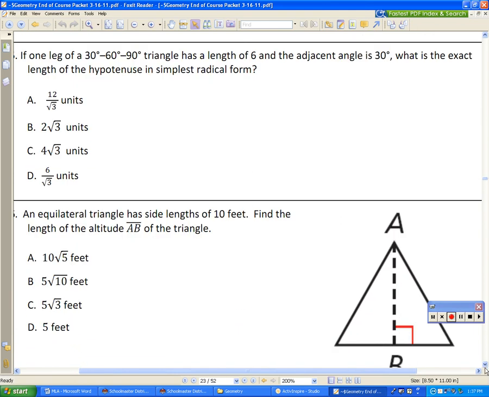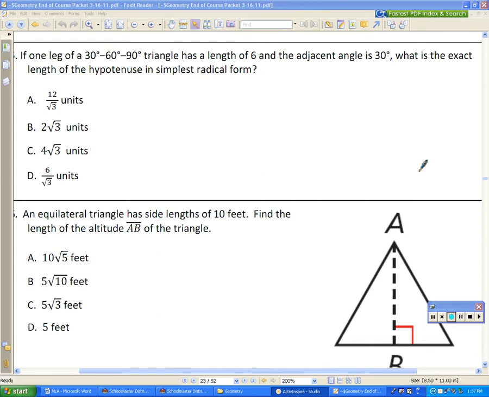Okay, here's another one. Now they do not give us a picture, so it might be a good idea to draw your own picture. It says if one leg of a 30, 60, 90 triangle has a length of 6 and the adjacent angle is 30, so they're using some trig words on us. So here's my 30, 60, 90. Which leg is going to be 6?